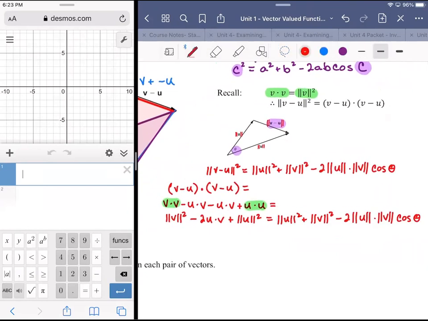All right. So then once we get to this step, we're in pretty good shape because we have a common magnitude of v squared on both sides, common magnitude of u squared on both sides. Those will cancel away.